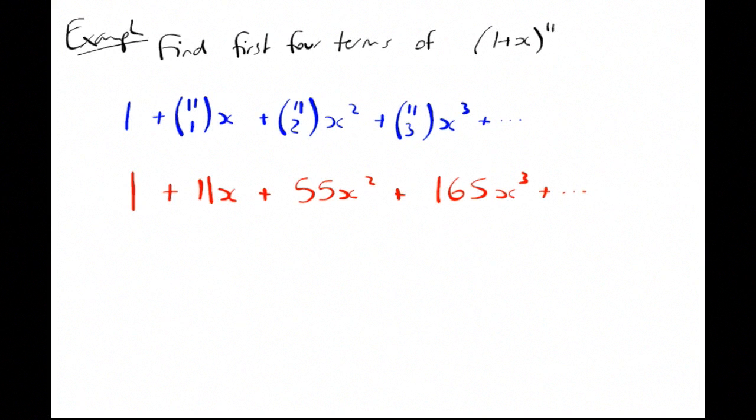You don't need to do the scary formula. There should be a button on your calculator that's got something along the lines of nCr. And so all you type in is 11C3 and it'll give you 165. You could use the formula 11 factorial divided by 8 factorial times 3 factorial. Still gives you 165.